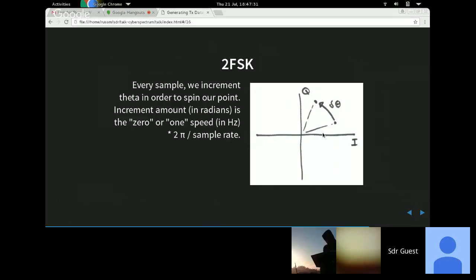Because all the math routines use radians, to change from hertz, rotations per second, to radians per second, we multiply by 2 pi to get radians per second, and then divide by the sample rate to get radians per symbol. Sorry, radians per sample.